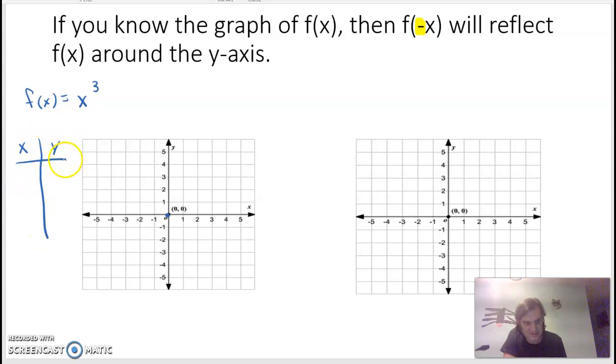I'll write out the same table from the parent function graph. Negative 2 gives me negative 8, negative 1 gives me negative 1, 0 gives 0, 1 gives 1, 2 gives 8. I can't plot all those points, but it'll be good to have them to show what's happening. But I got the general shape of the x cubed.